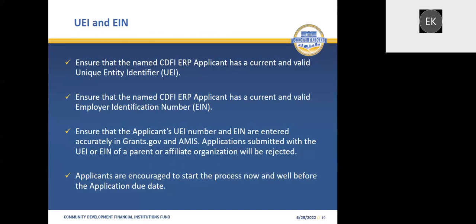Ensure that the applicant's UEI number and EIN are entered accurately in Grants.gov and AMIS. Applications submitted with the UEI and EIN of a parent or affiliate organization will be rejected. Applicants are encouraged to start the process now and well before the application due date.